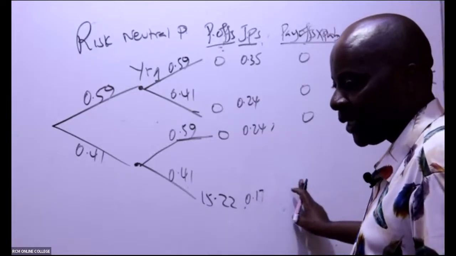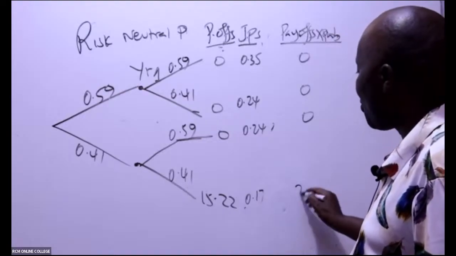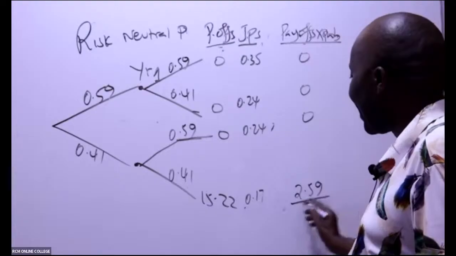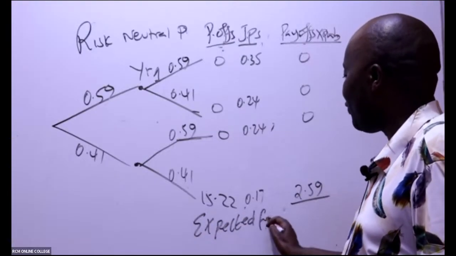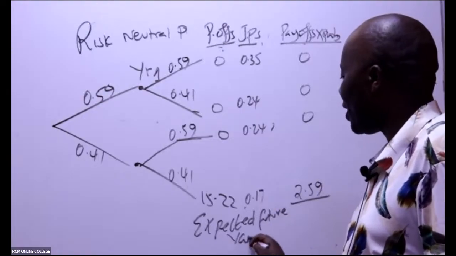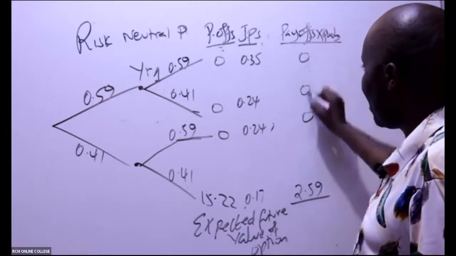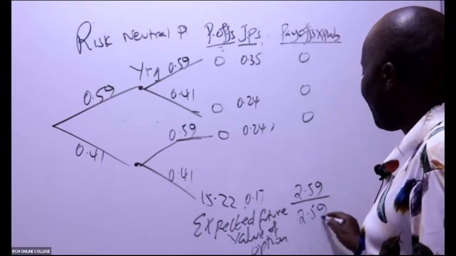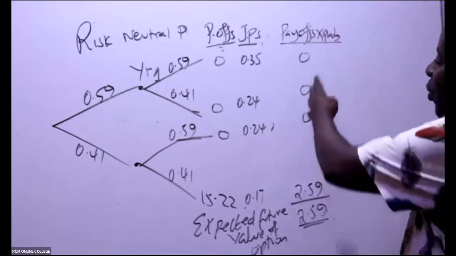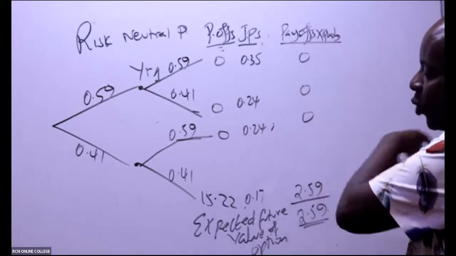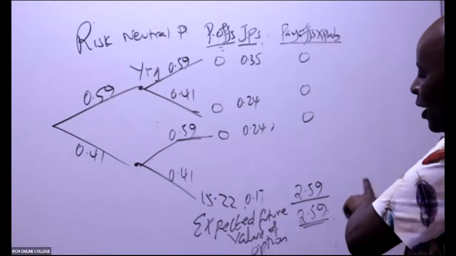What are we supposed to be getting? 2.59. So what is the expected future value of the option? You add everything. We are lucky here because most of the others were zeros. So the expected future value of the option is 2.59.